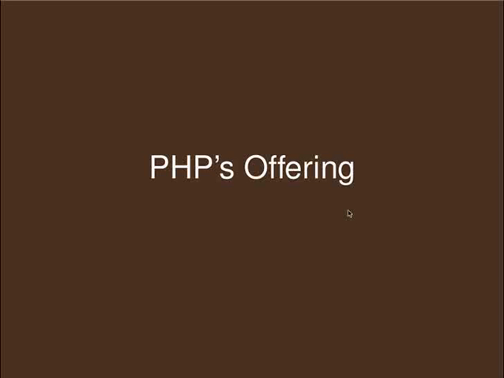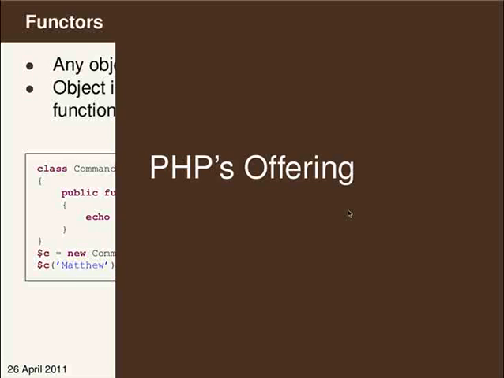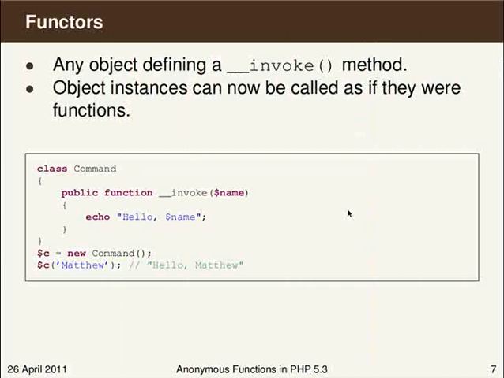So with the vocabulary out of the way, we'll now look at PHP's offering. I'm going to start off on a tangent here because it's necessary to understand how anonymous functions work within PHP. The first thing is functors. In PHP 5.3, this is new functionality. There's a new magic method that you can declare on objects that you define called __invoke.